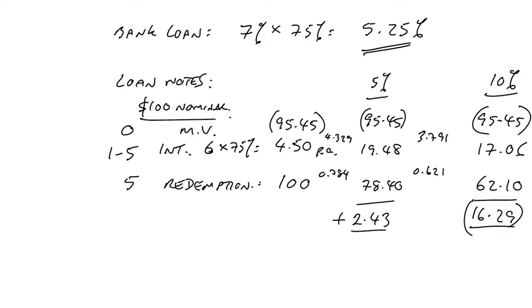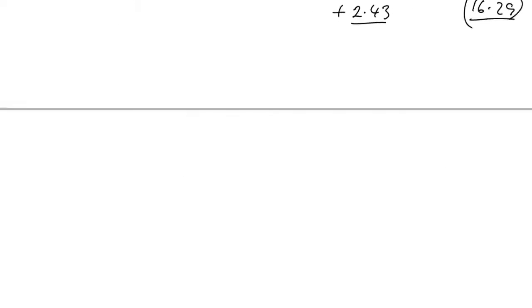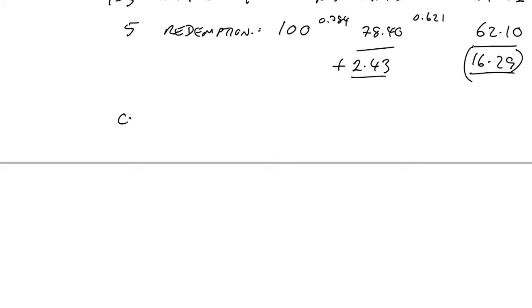So the cost of debt, the internal rate of return, it's 5% plus. Now, if you've watched my lectures, you know I don't learn a formula. It's entirely up to you. There's only one answer using these two guesses. But 5%, it was 2.43, so it's a bit more than 5%.